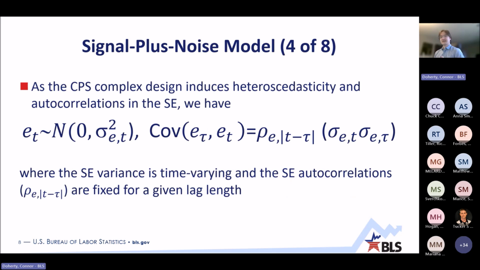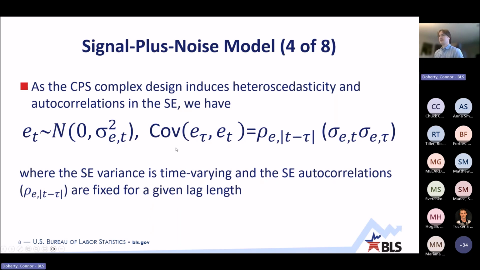So the complex design of the CPS induces heteroscedasticity and autocorrelations in the sampling error, which gives us these two properties. So the sampling error is normally distributed with mean zero, variance sigma squared, and note that the variance here is time dependent.